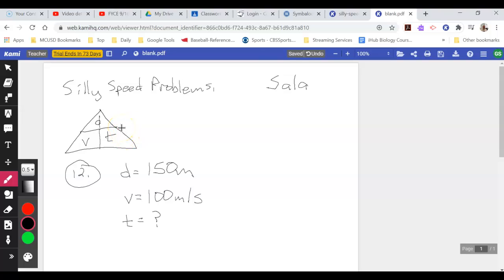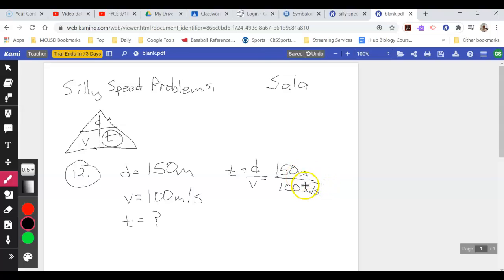And again, if you were to cover time in the triangle, you can see you would need to take your distance and divide it by your velocity. So the time would equal your distance divided by your velocity. Now we can just plug in the values. So 150 meters divided by 100 meters per second.